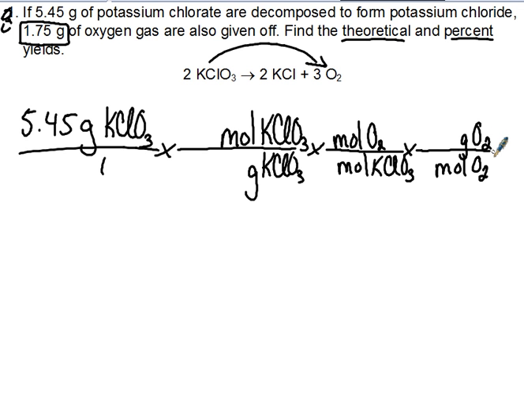I'm going to go back in and fill in my numbers. Grams always comes off the periodic table, so I'm going to add up potassium, chlorine, and 3 oxygens. That gives me 122.548 grams of potassium chlorate. Periodic table is always in 1 mole.